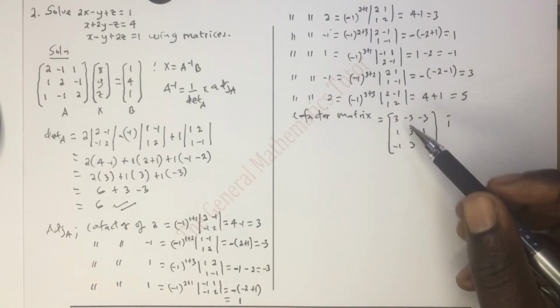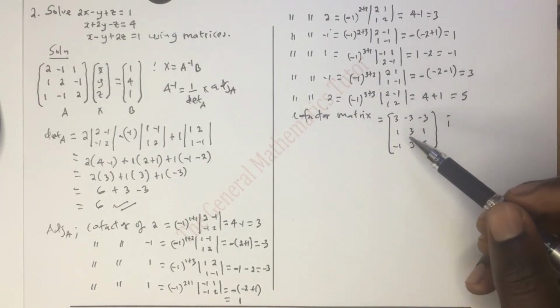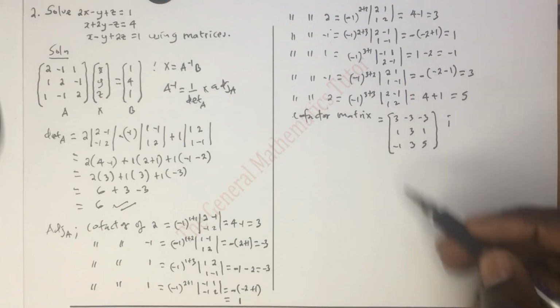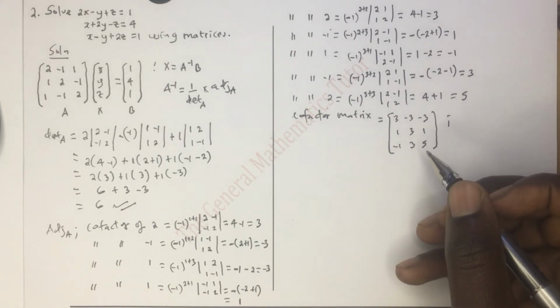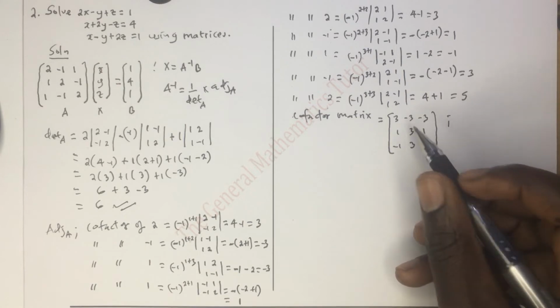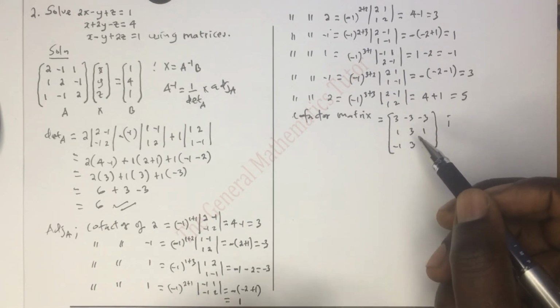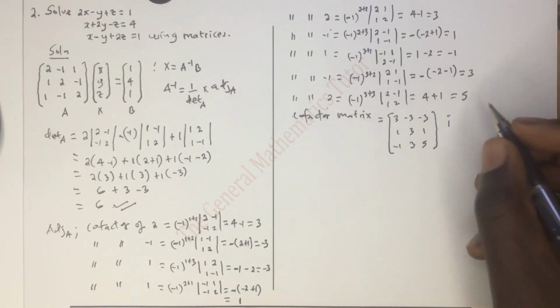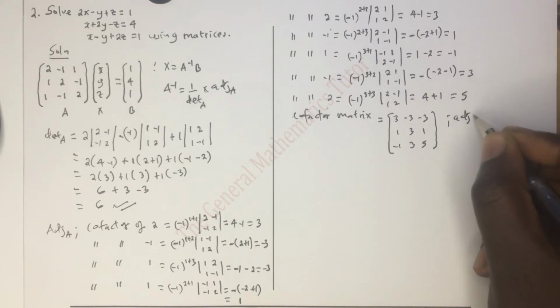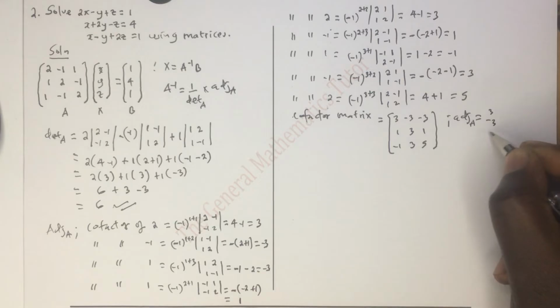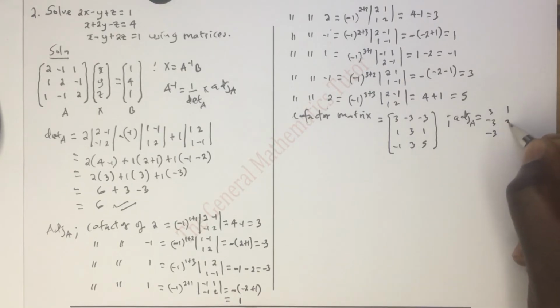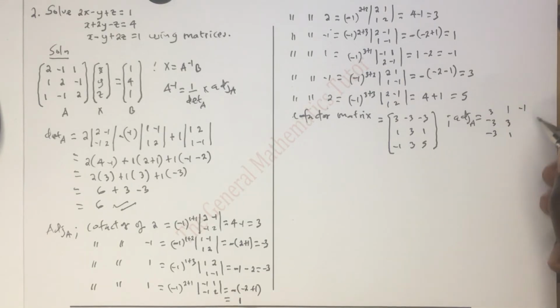So the adjoint of A will just be given by the transpose of the cofactor matrix. So it means the rows become the columns. So let us start with the first one. So the adjoint of A is 3, negative 3, negative 3, 1, 3, 1, negative 1, 3, 5.